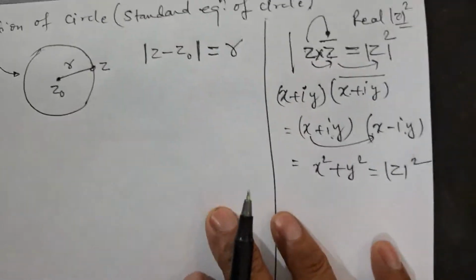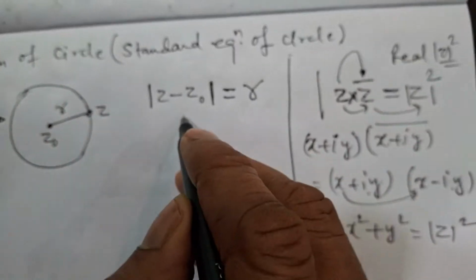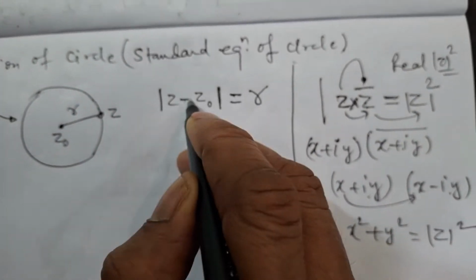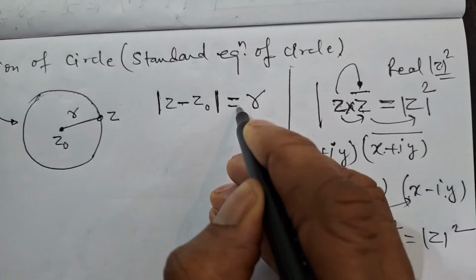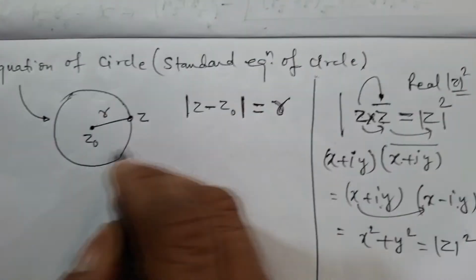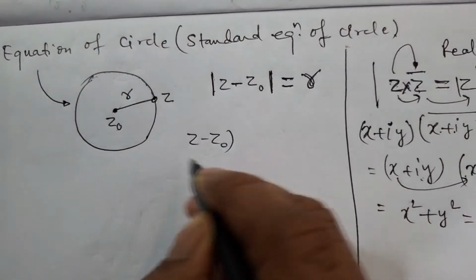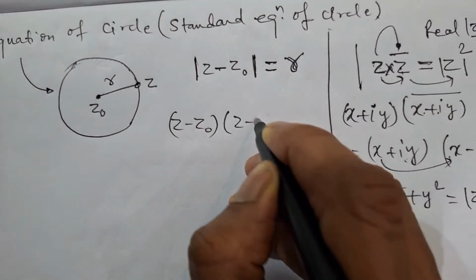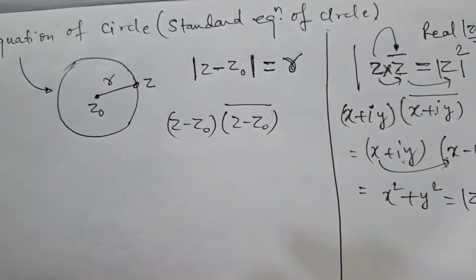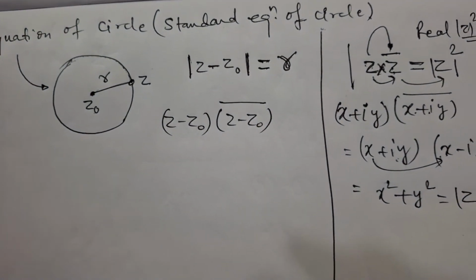See, okay dear genius. Now you know by distance formula, z minus z naught equals the radius of this circle. Now can we write z minus z naught and its conjugate? Okay, see once please.